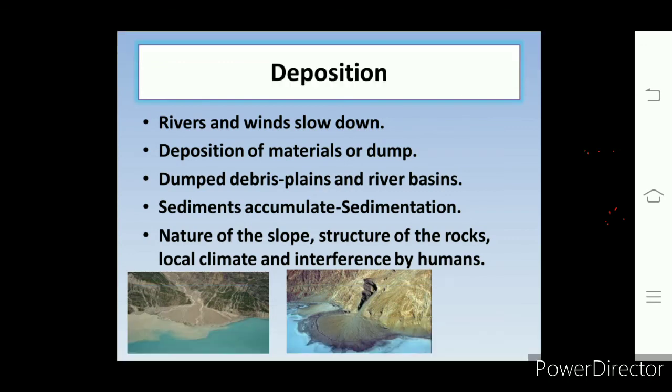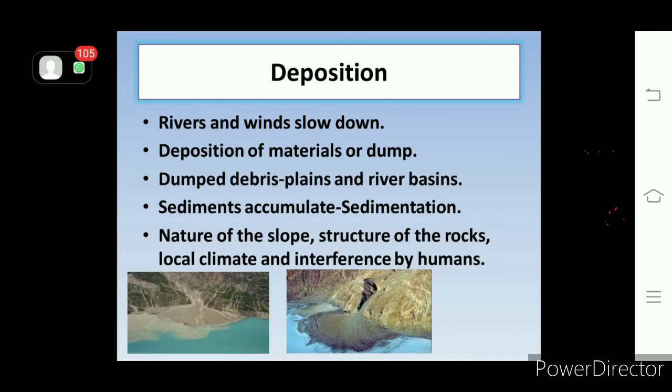Okay, when rivers and winds become slow, they do not have the capacity to carry the mud, sand and silt. Those materials carried and transported by the wind and water are dumped at one place, and that is called deposition.